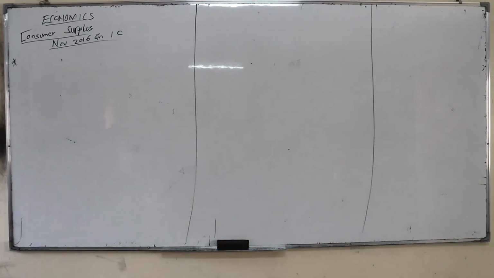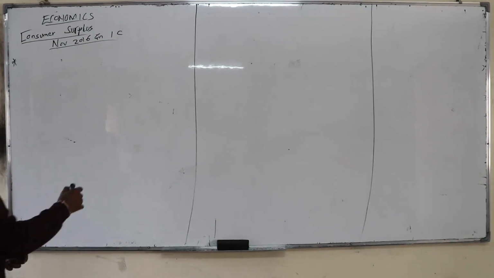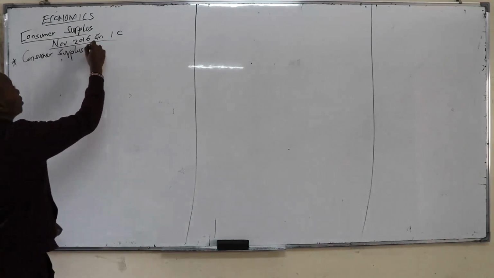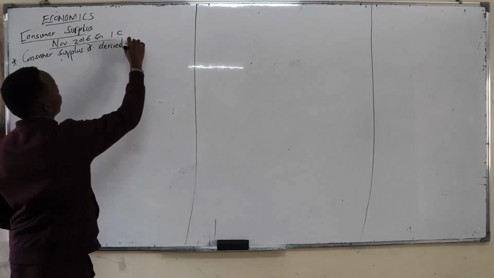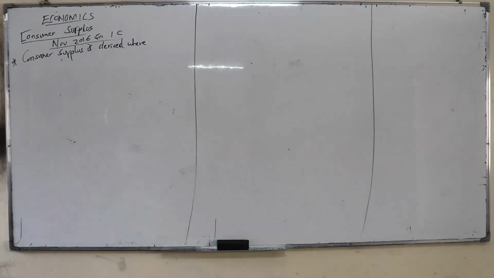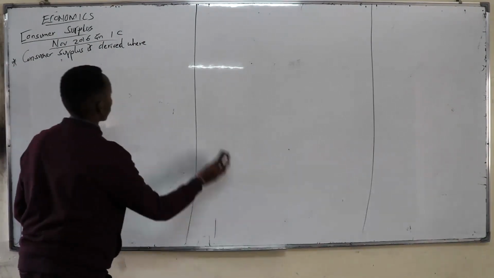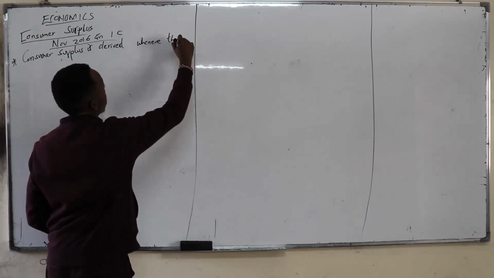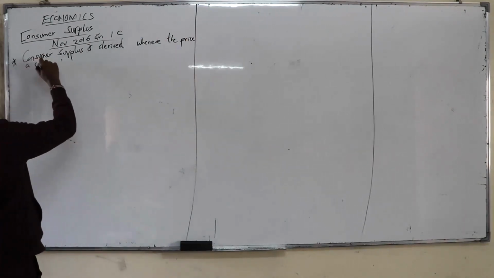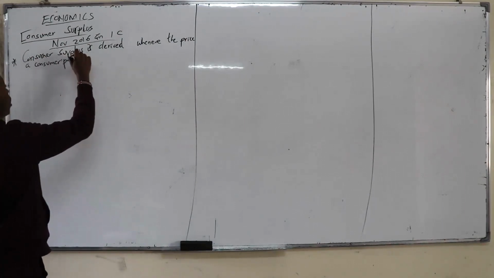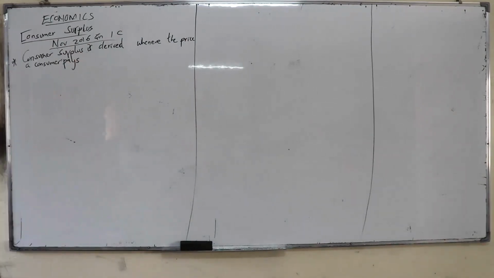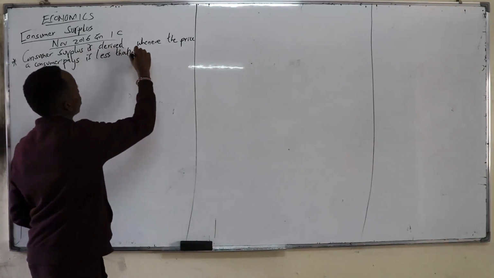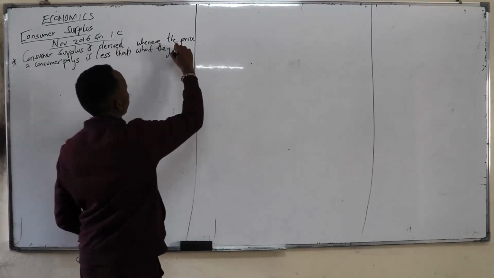In other words, consumer surplus is derived whenever the price a consumer pays is less than what they are willing to pay for.